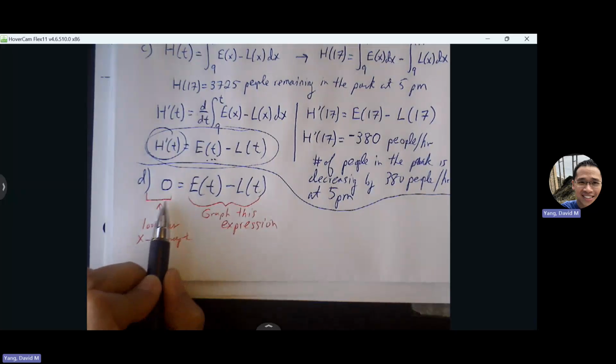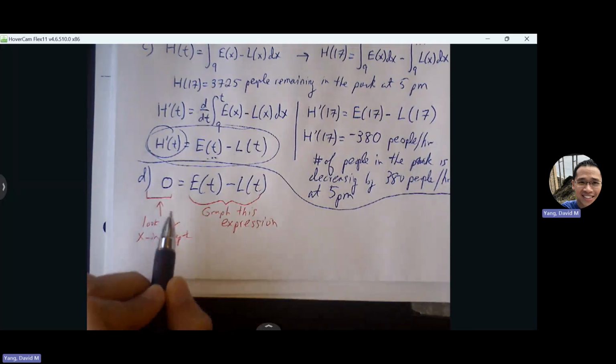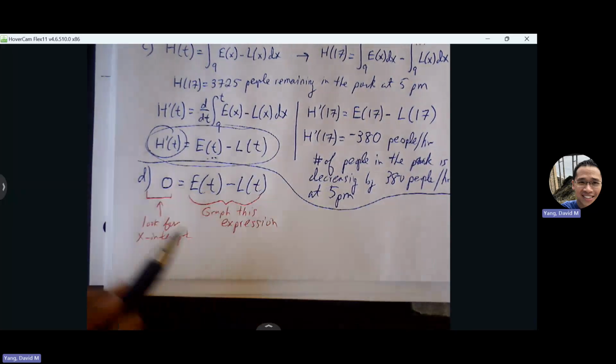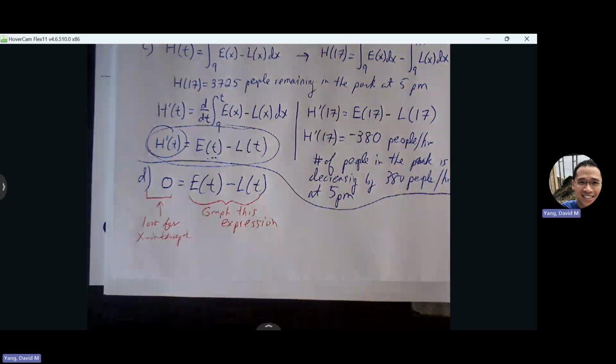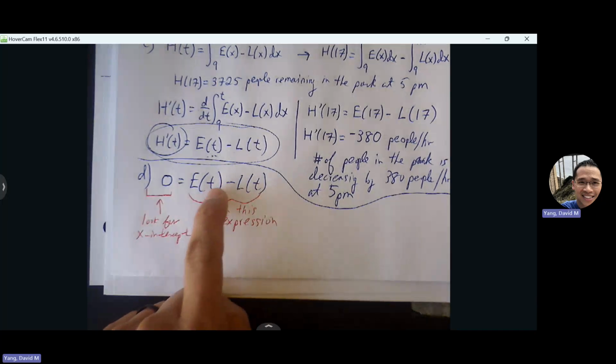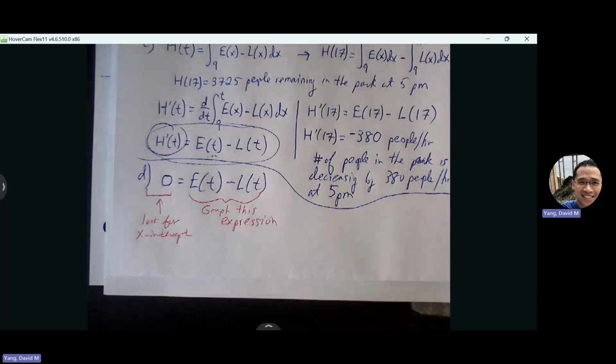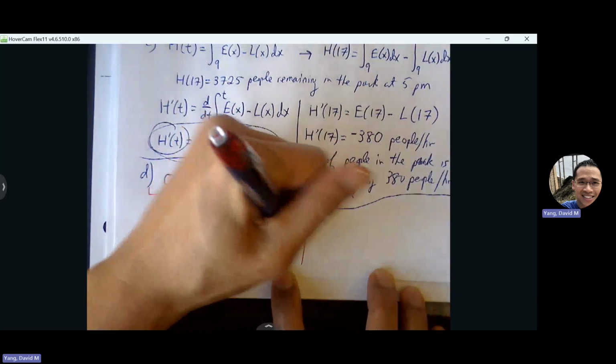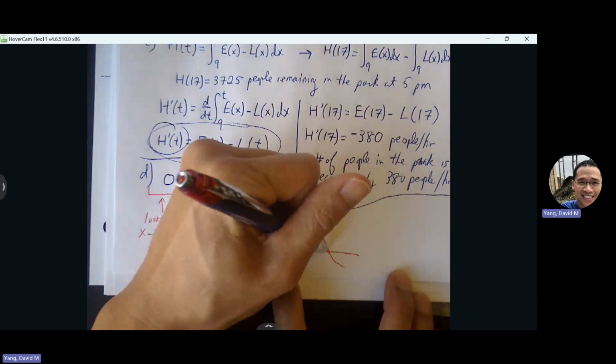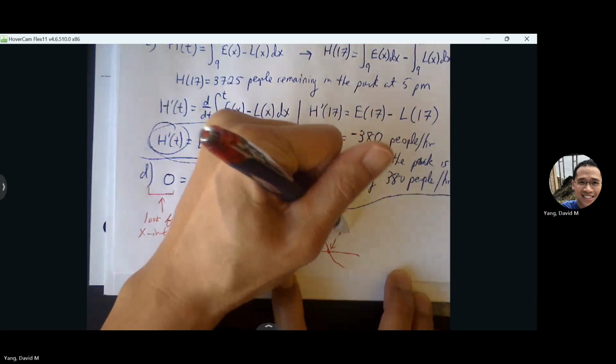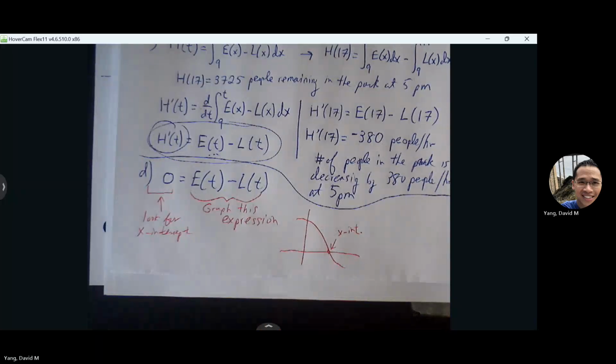Whatever t-value causes this to be equal to 0 will be the time when we reach that maximum size. The graph looks something like this. We're simply looking for the x-intercept.